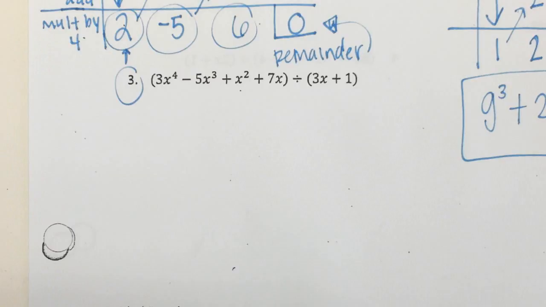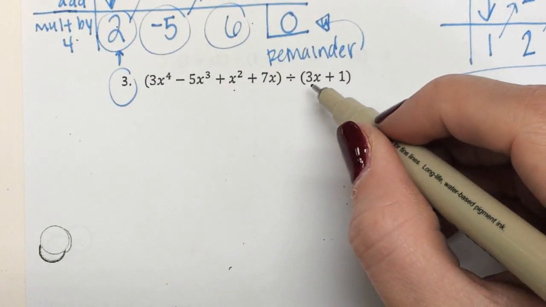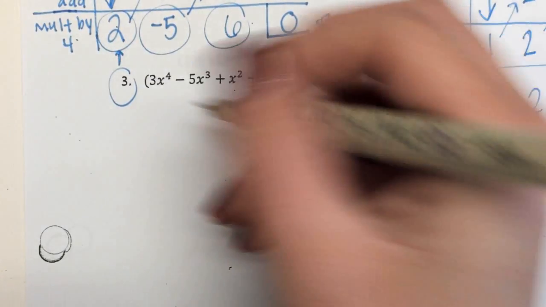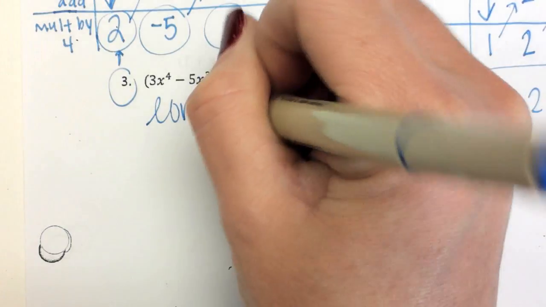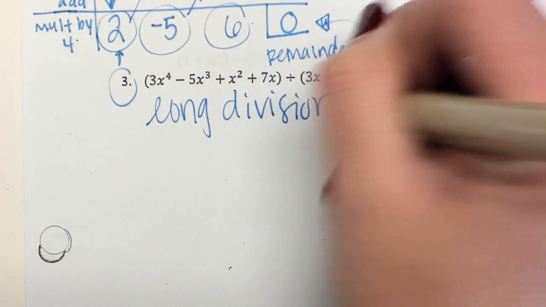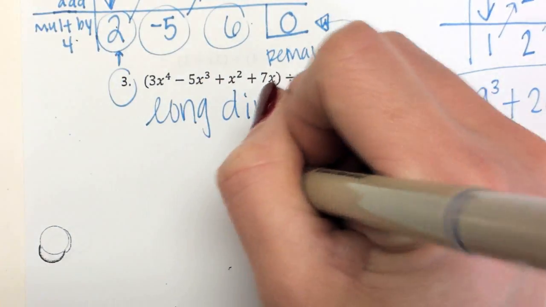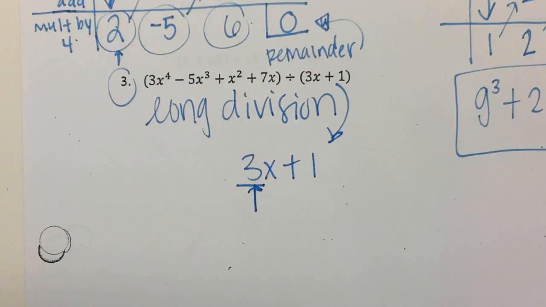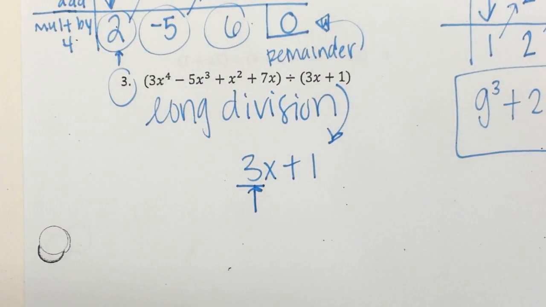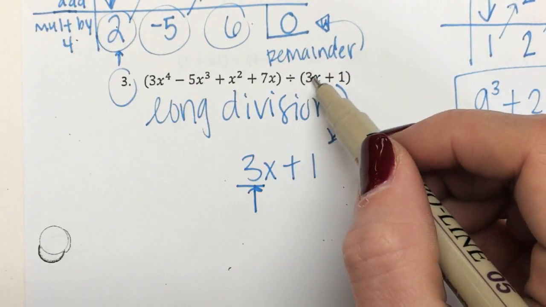So, on your quiz, I think what I'm going to do is let you pick which one you want to do, synthetic or long division. But if it's like this, you need to do long division, if there's a number out front. Okay? So, I want you to write long division, and then put why. There's a 3 out in front. So on your quiz, you'll get to pick, but if it's like this, you'll need to do long division.